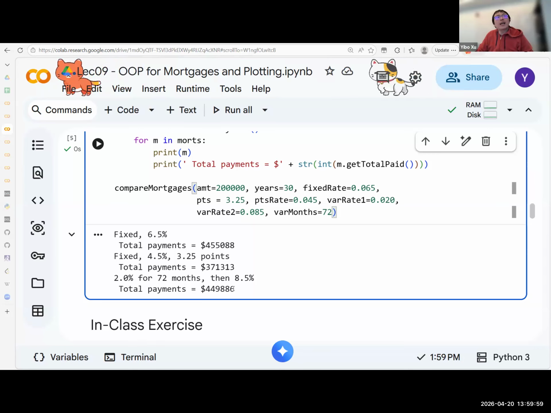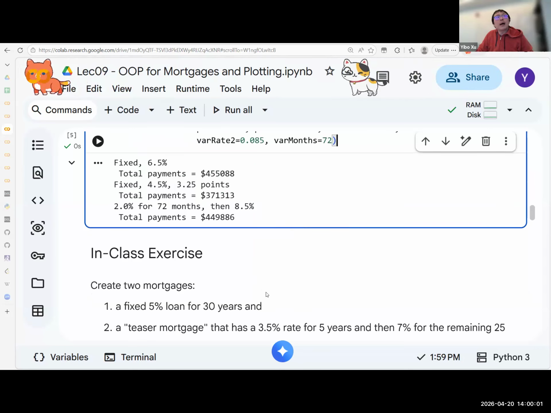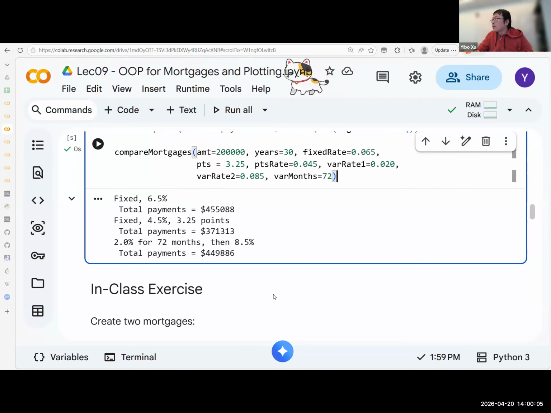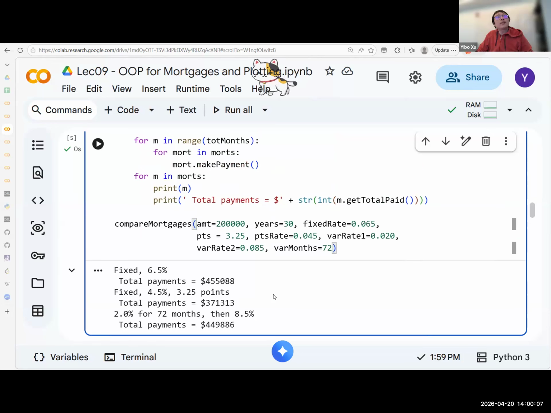So of course, the second part of the lecture is going to be about plotting. So we have all these different sequences. We have the sequence of the monthly payments. We have the sequence of the principal reducing from the total amount all the way down to zero.